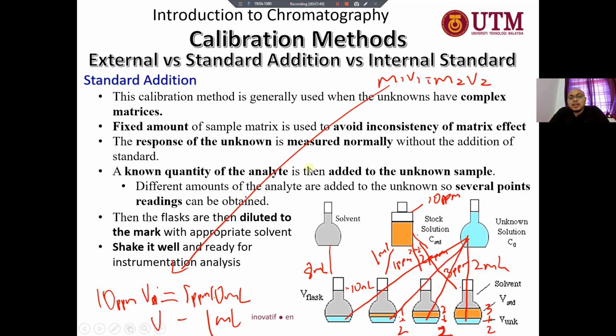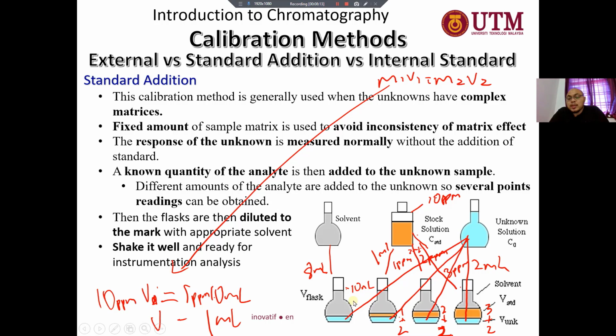A known quantity of the analyte is then added. So we have a few flasks, a few calibration points, and we add different amounts of analyte. For example, we add 1, 2, 3 ppm over here, and then the flasks are diluted to the mark with the appropriate solvent.